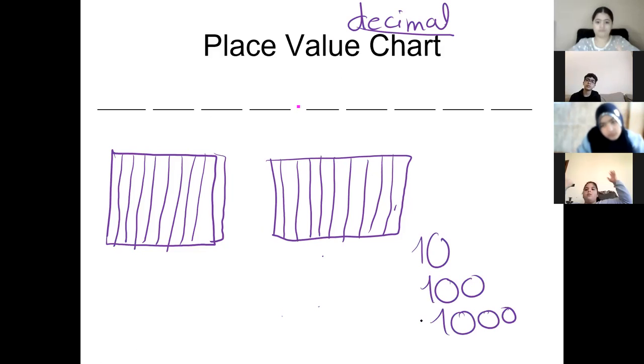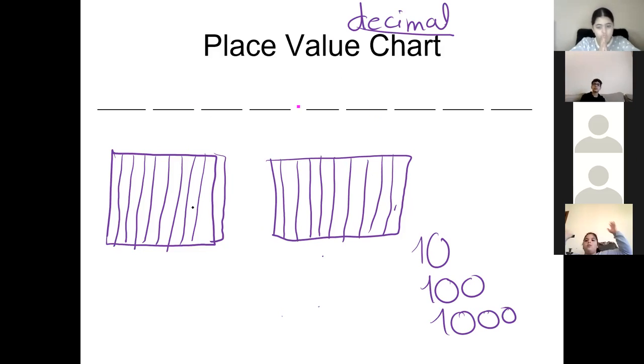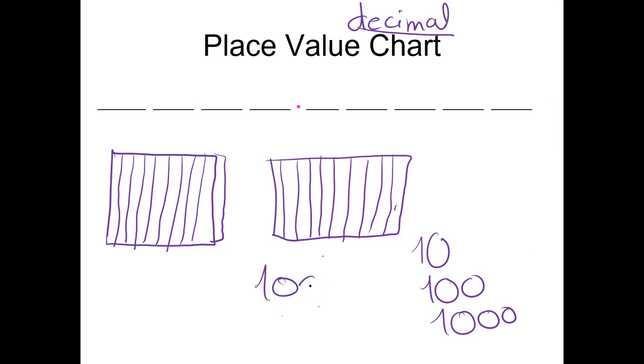We can't divide it into 5 or 6 or 7. When I say decimal, it means that we are dividing the square into 10, 100, 1000, 10,000, and so on. It is divisible by 10, just 1 with zeros.